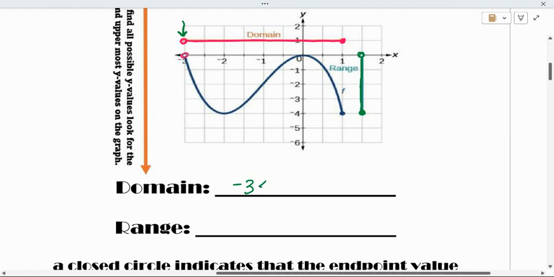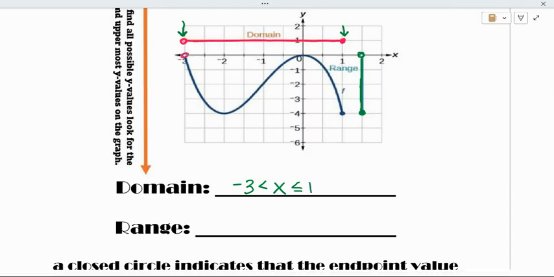That means it's less than all of the x values in the domain, which are, now I go to the largest point. What is that x value? 1. And is it a closed circle or an open circle? It's a closed circle. So it's going to be less than or equal to 1.